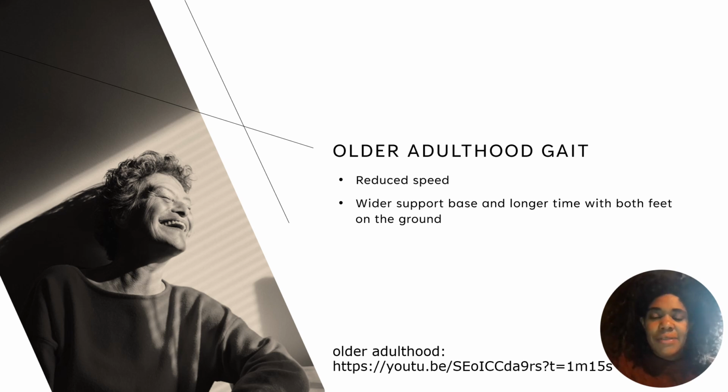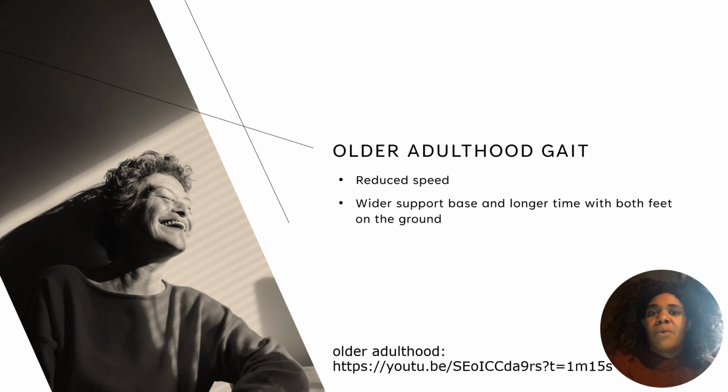Okay. So next we're going to talk about older adulthood, what older adulthood gait looks like. In a lot of ways, it's like the adult, but sort of reverting backwards, right? We see someone who is able to have the oppositional arm movement and the coordination, but we see reduced speed. We also see, once again, a wider support base and a longer time with both feet on the ground.